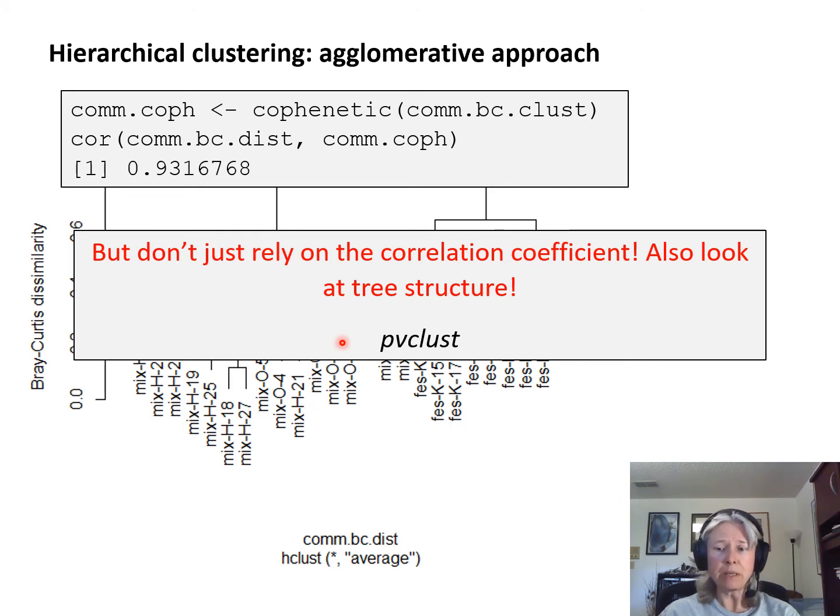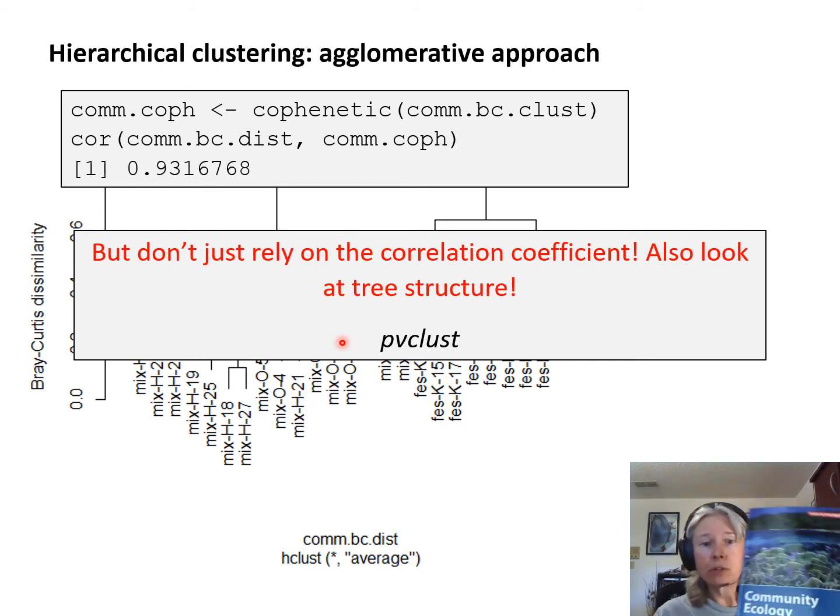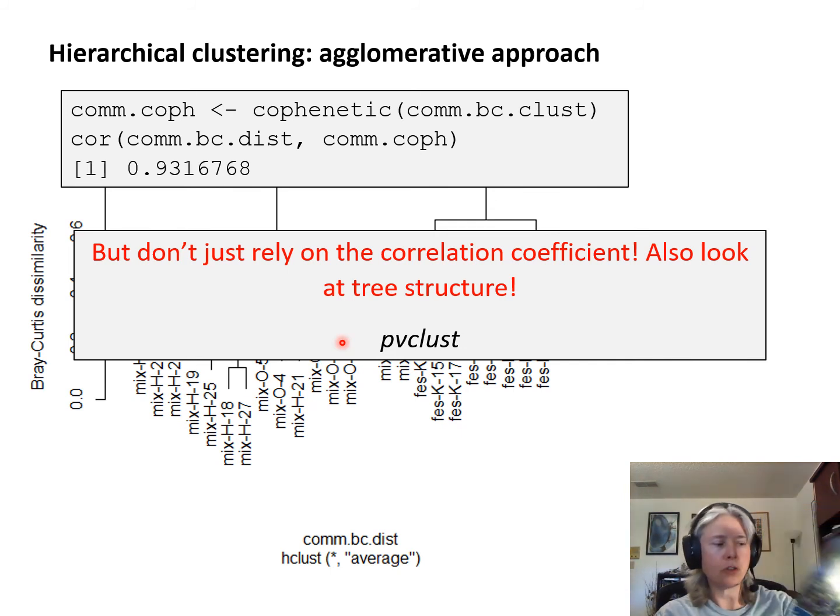It uses a bootstrapping approach to produce a p-value for each branching. And if you want a worked example of this, you can reference this book by Gardner, 2014, Community Ecology: Analytical Methods Using R and Excel, which I have noted on the course website and referenced in the notes for today. So if you want to look more at pvclust, you can do that.